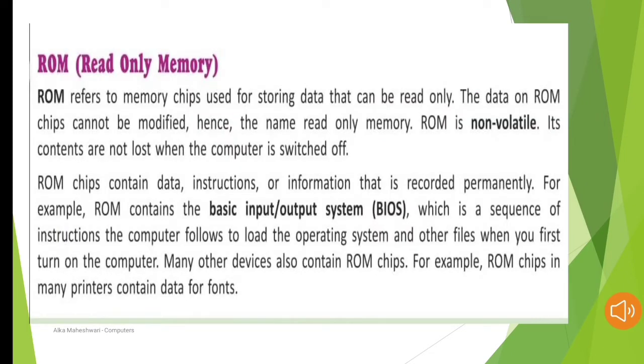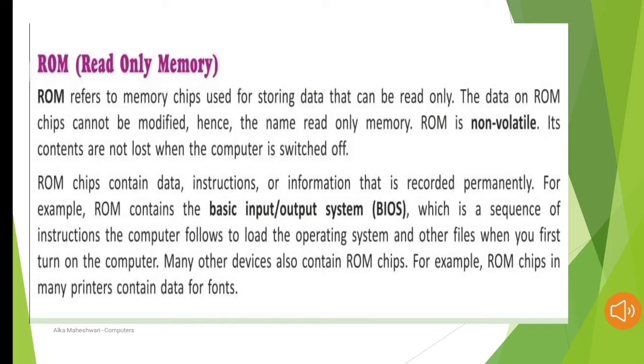Now ROM, read-only memory. ROM is used for storing permanent data and instructions. Data on a ROM chip cannot be modified. That's why it is called read-only memory. It is non-volatile in nature. ROM is used to store system software.